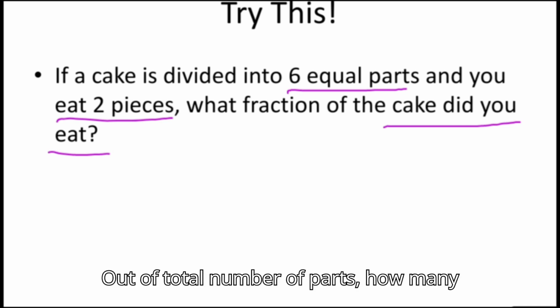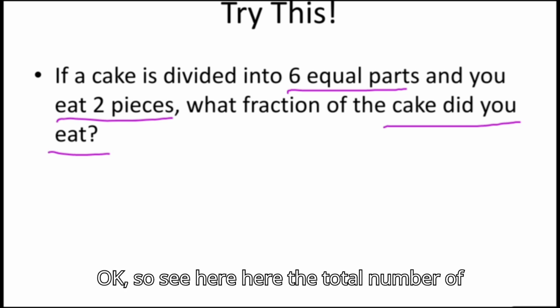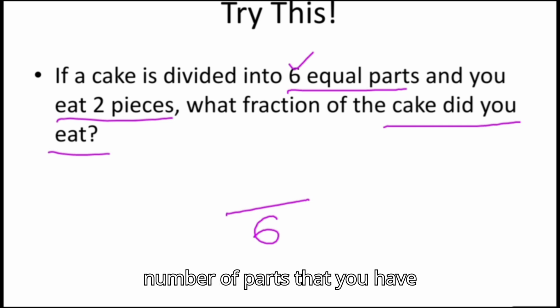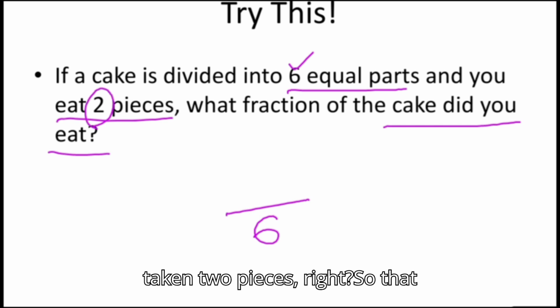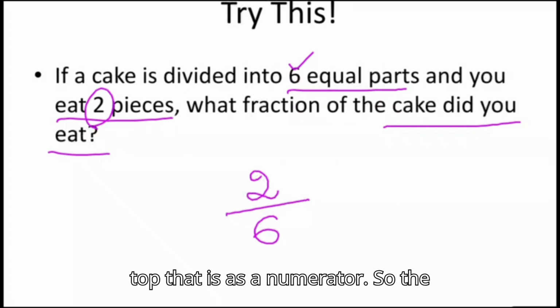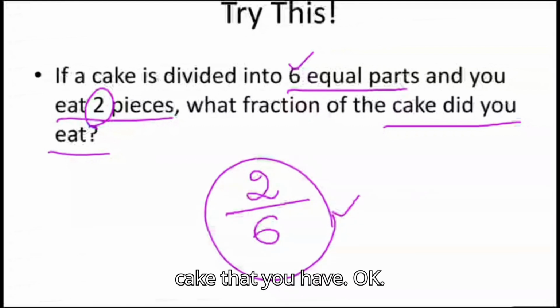Out of the total number of parts, how many parts have you eaten? The total number of parts is 6, so 6 should be written as the denominator. The number of parts you have taken is 2 pieces, right? So 2 should be written on top as the numerator. So the fraction is 2 by 6 for the cake that you have eaten.